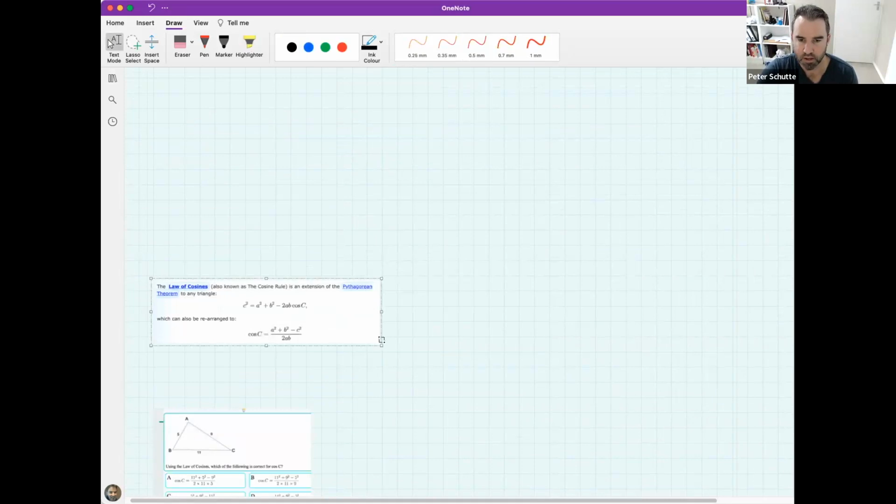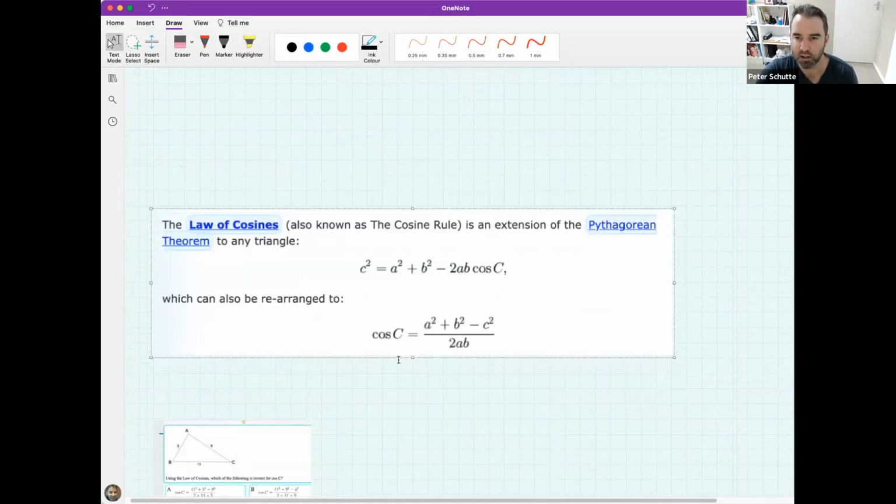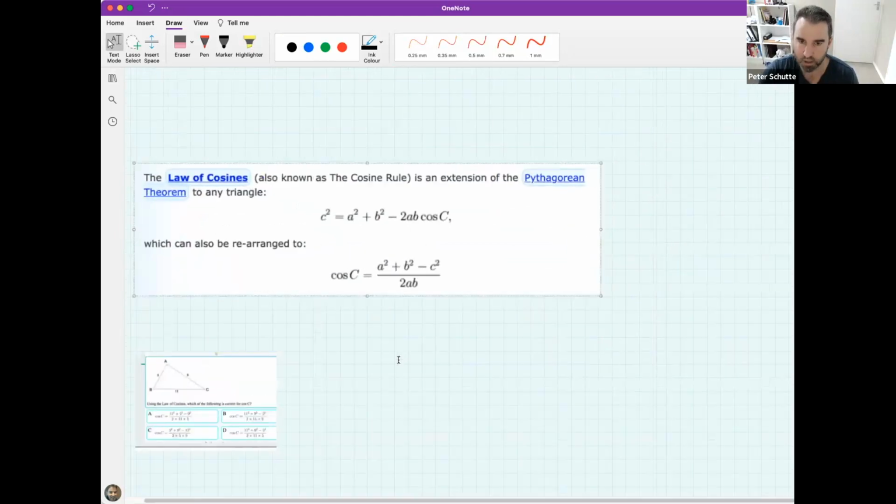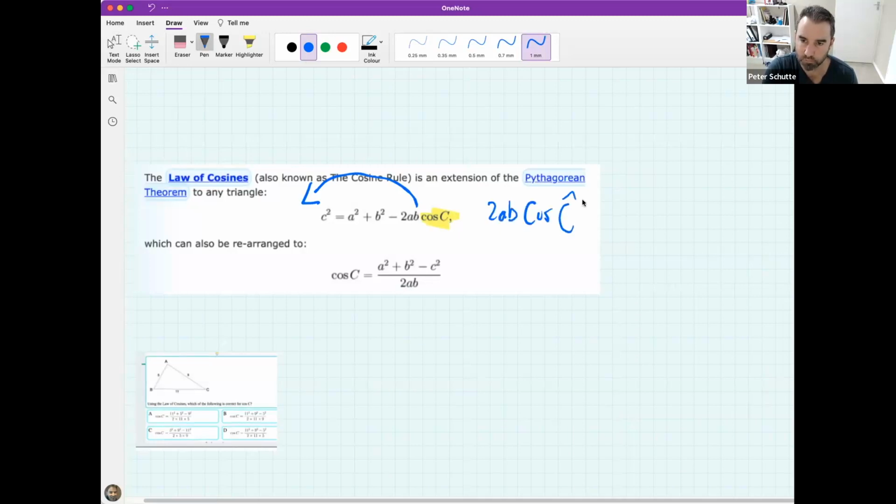So if my cosine rule looked like this, and I really wanted to have the cos c by itself, I just want to show you how we can get it to look like this. What I'm going to do is I'm going to move this to this side, and it's going to become 2ab cos c.